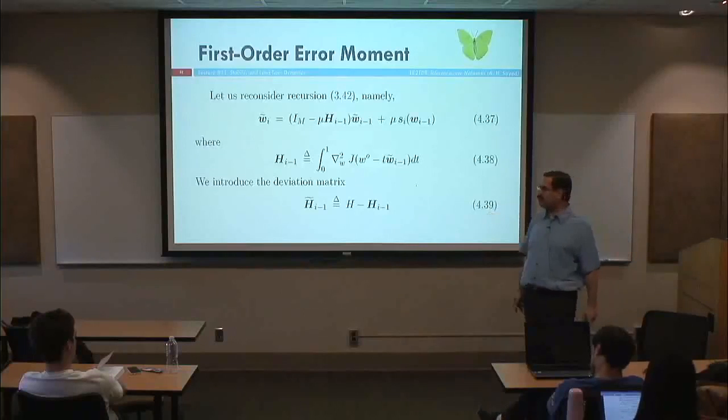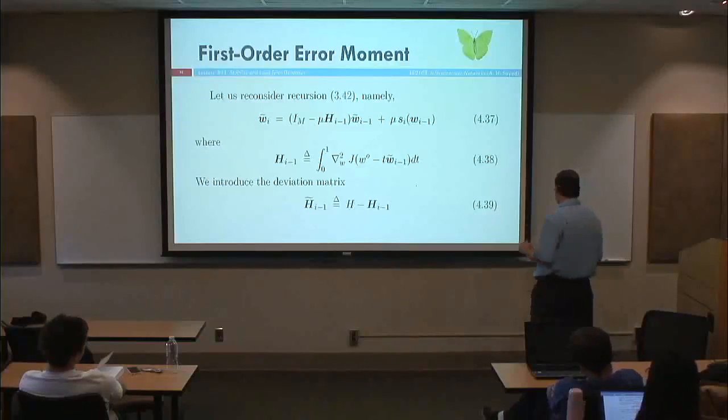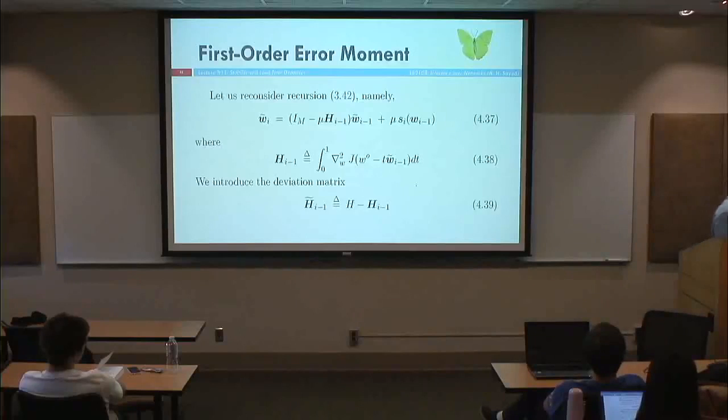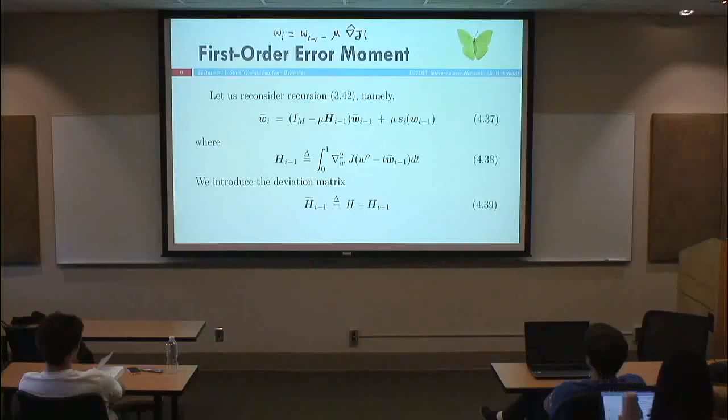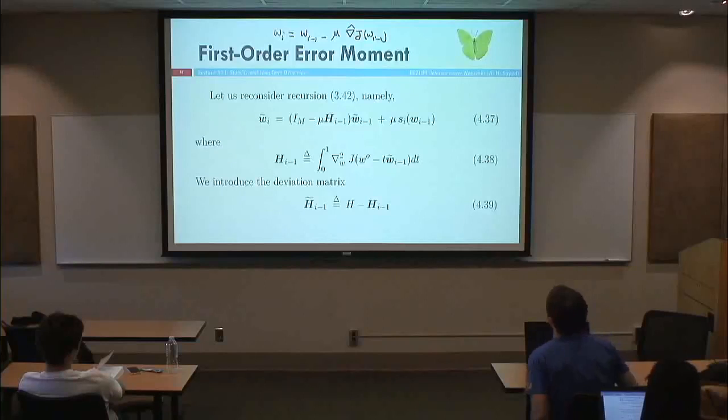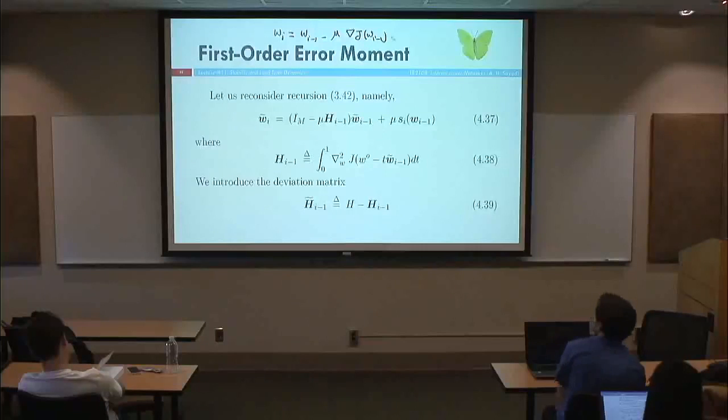I'm going to get to the long-term model. So remember, what is my gradient algorithm? This is the gradient descent algorithm, right? Now, I can replace the approximate gradient by the true gradient plus the gradient noise.